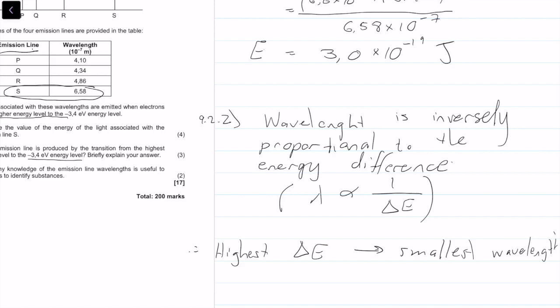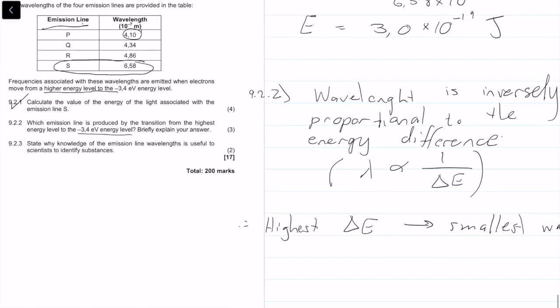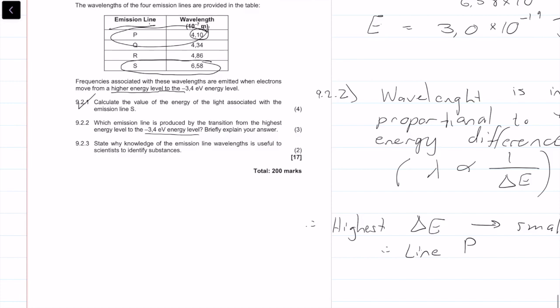Which wavelength is the smallest? This wavelength right there. That would be P. So line P is your final answer. And we should get 3 marks there.